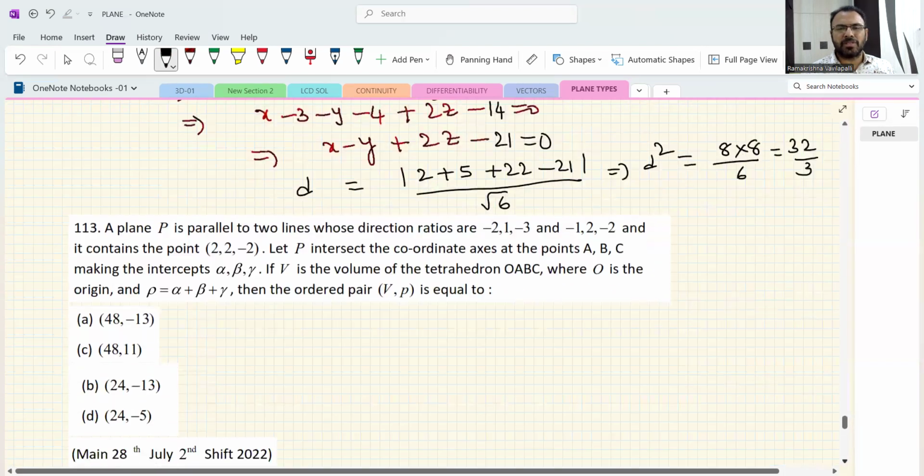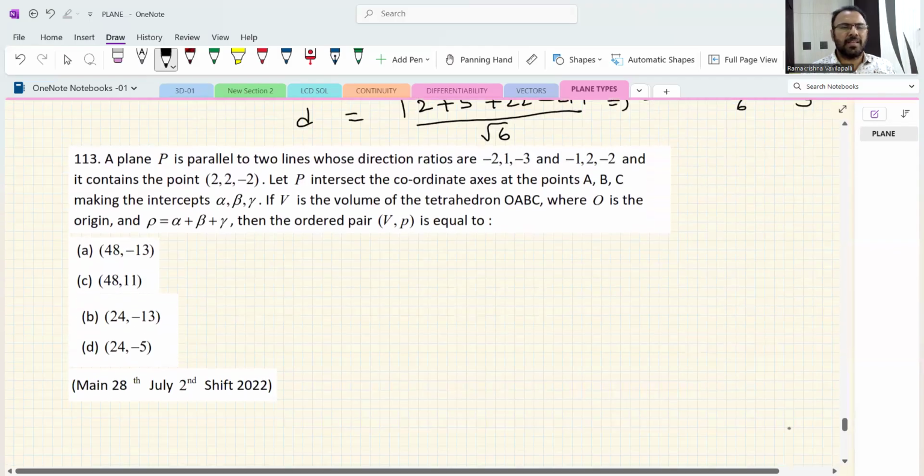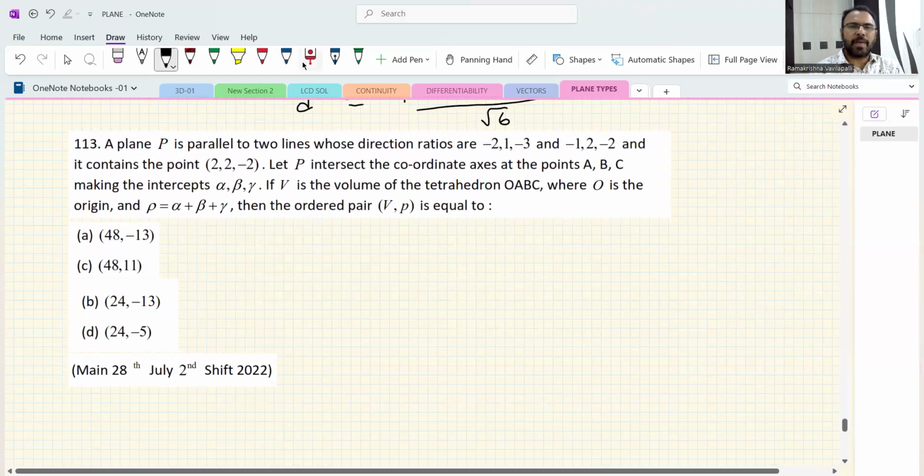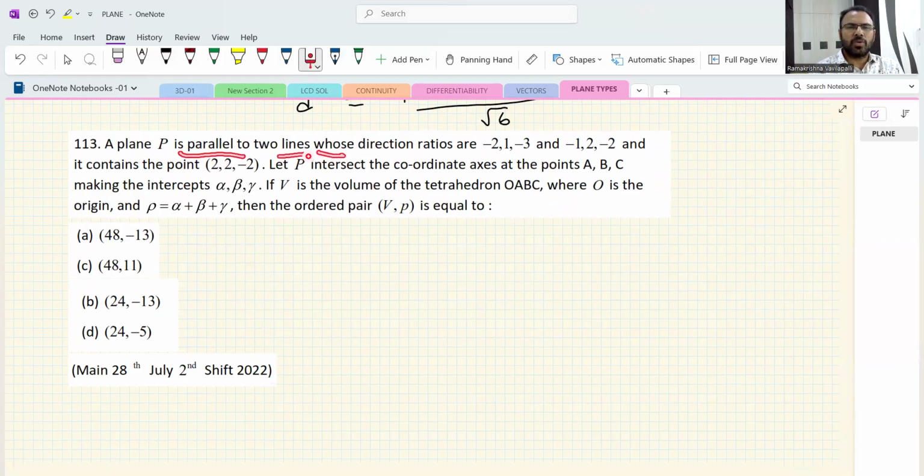There is another question, straightforward. A plane P is parallel to two lines whose direction ratios are directly given, nothing but parallel to minus 2i plus j minus 3k and minus i plus 2j minus 2k. That is the plane and containing the point.